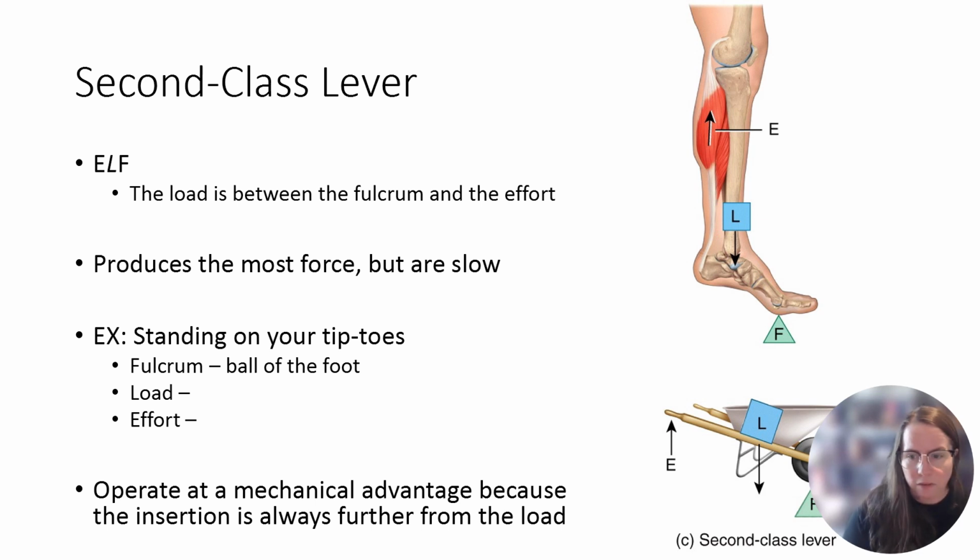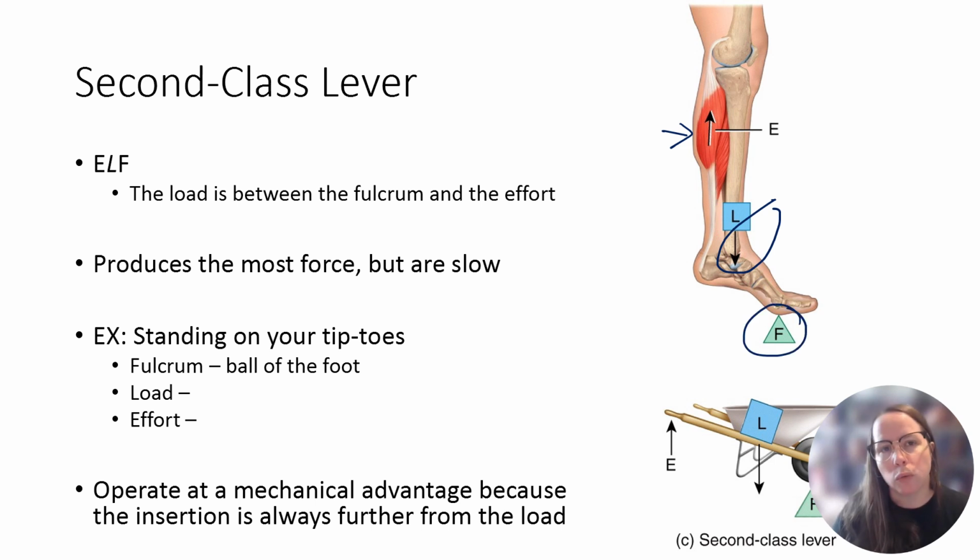Now, second class lever systems we just talked about, right? When we're going through mechanical advantage. This is 1, 2, 3, FLE. Load is in the middle. So again, effort is our gastrocnemius. Load is at this sort of ankle joint, and then the fulcrum point is going to be your toes here. So as your calcaneus lifts up because your gastroc contracts, you're going to pivot on the balls of your feet and move your entire body weight, okay?